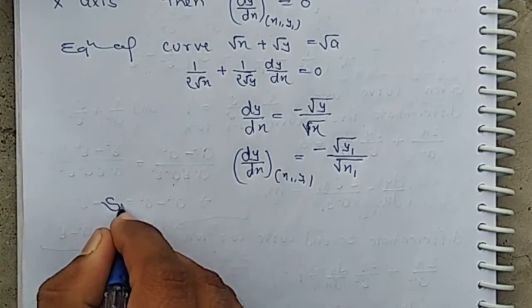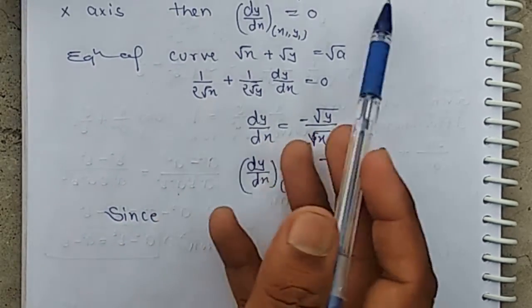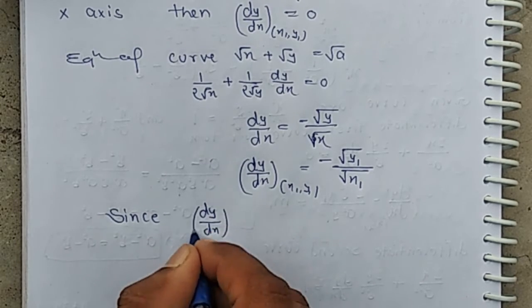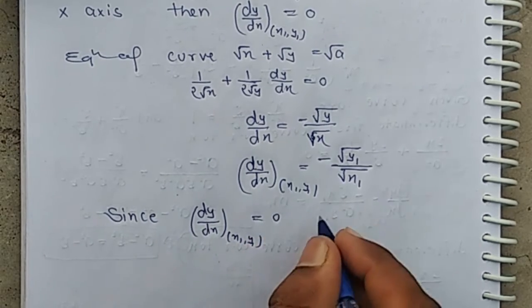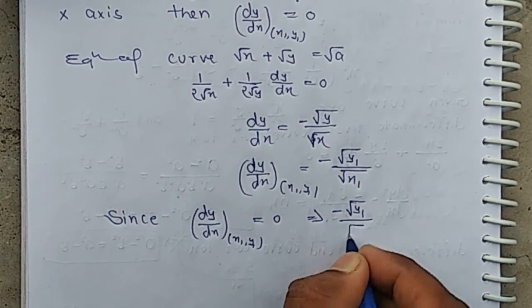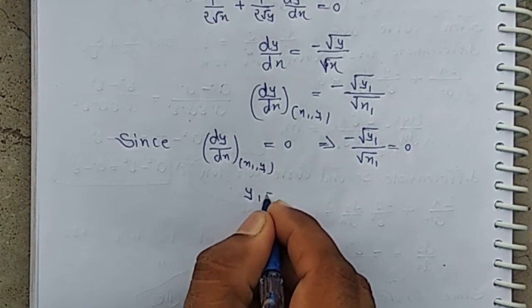Now since for tangent is parallel to x-axis, dy by dx equals 0. Then minus root y1 by root x1 equals 0. We have value of y1 is 0.